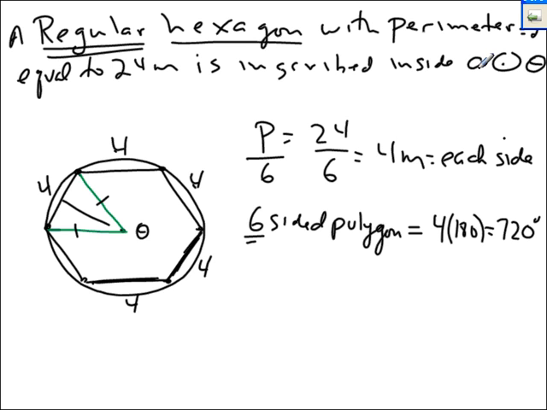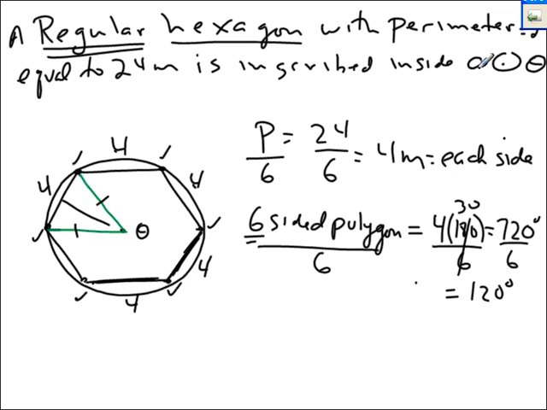But how many angles are there? There's 6. So if you divide by 6, you get that each angle is 120 degrees.